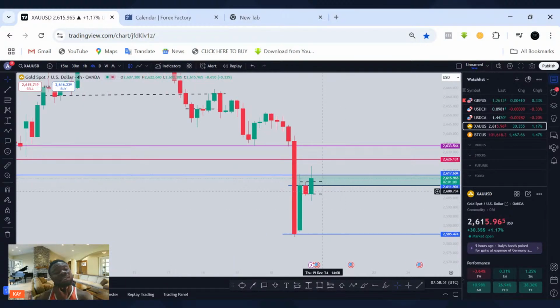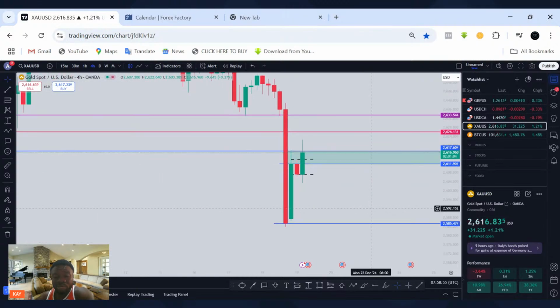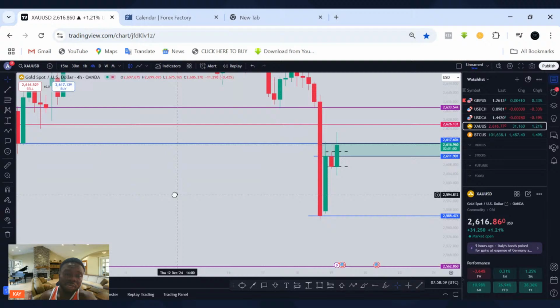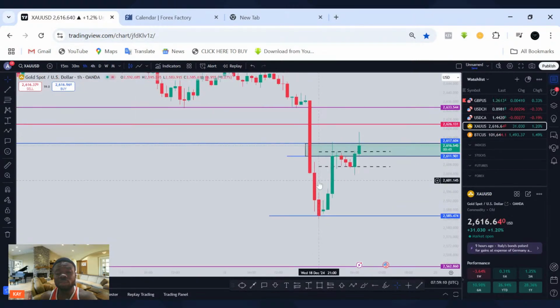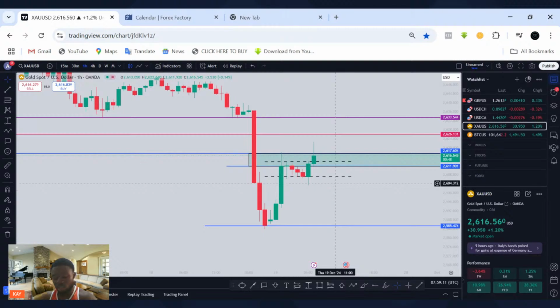But the time that it happened wasn't the appropriate time that I normally look for. Normally pre-London session is when I start executing trades, but this one happened before pre-London session, so it is not a good trade setup for me. If it happens around the pre-London to London session, I would have executed this trade without thinking twice because everything aligns. So this is the reason why I'm saying you need to follow the trend.